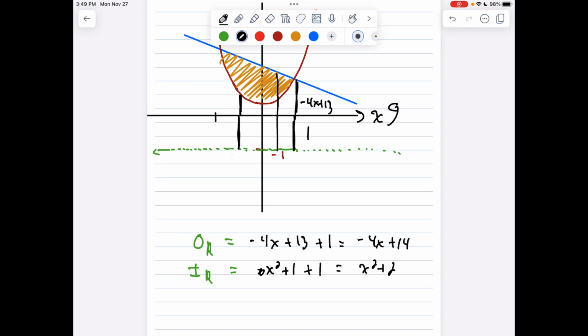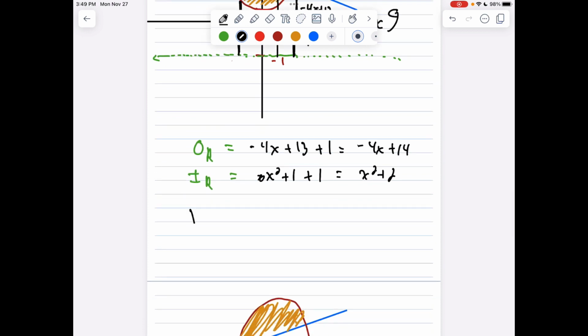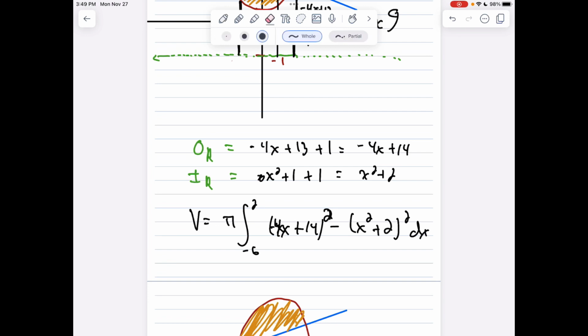So our setup would be the same in terms of the limits, minus 6 to 2, of minus 4x plus 14 squared minus x squared plus 2 squared dx. Sorry, I'm getting a little sloppy here.